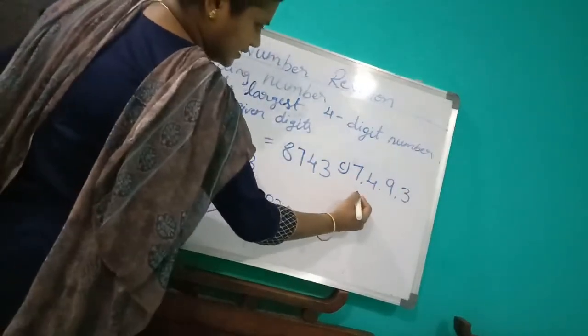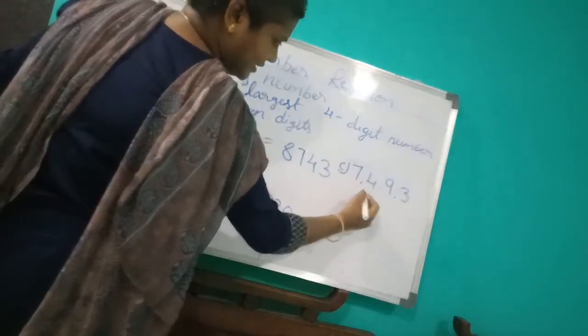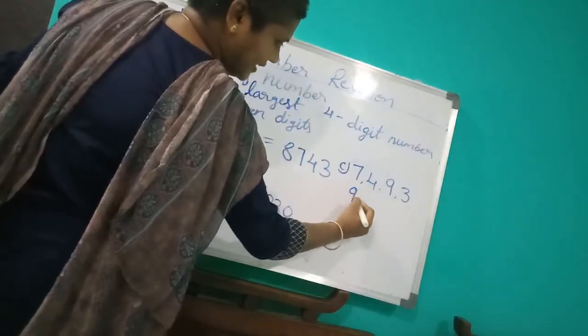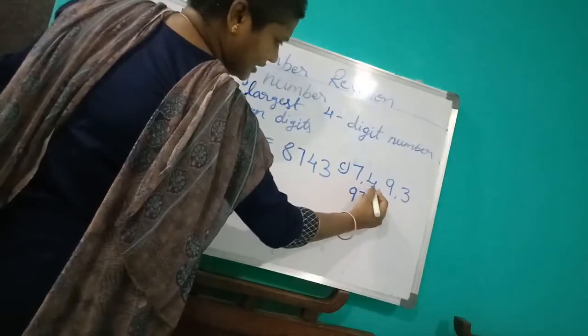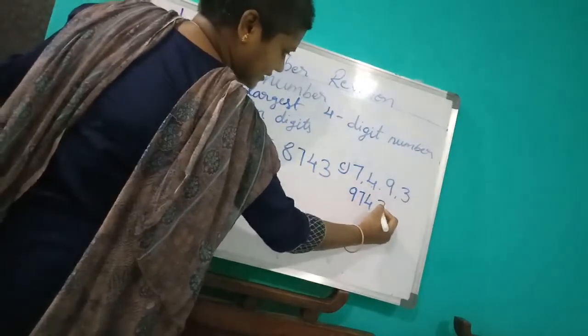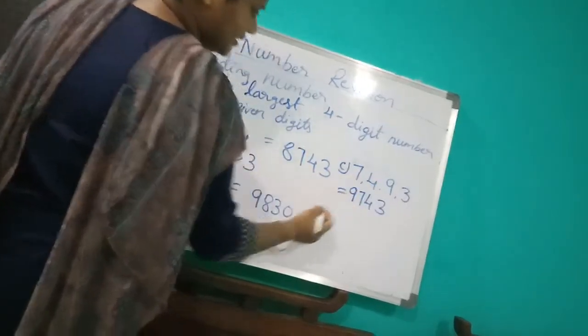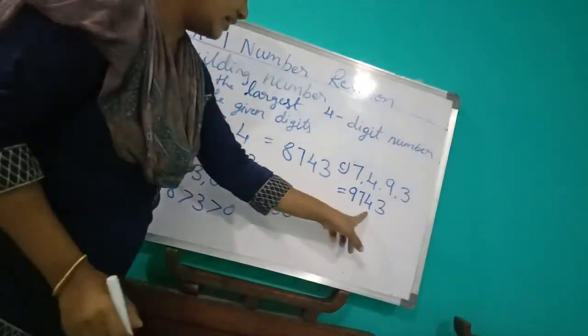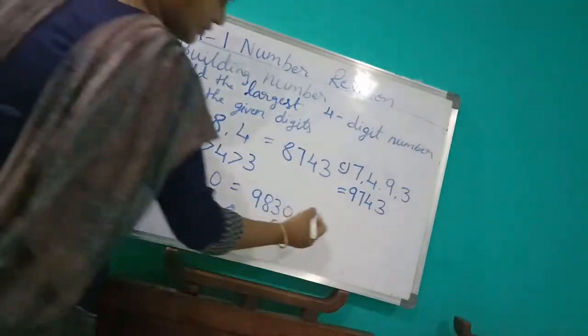See here. Which one is largest number in these numbers? 9. After that 7. After that 4. After that 3. What is that number formed here? 9743. Understood?